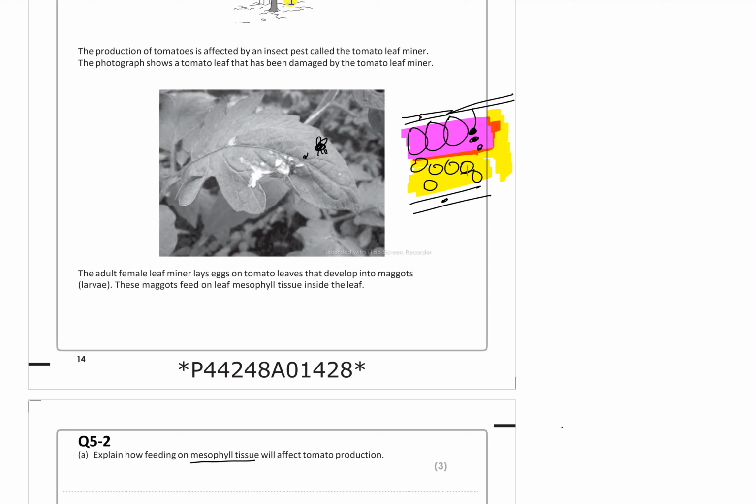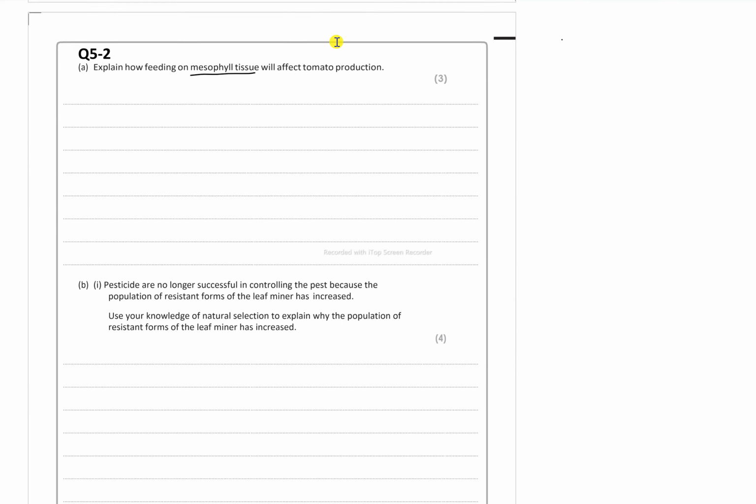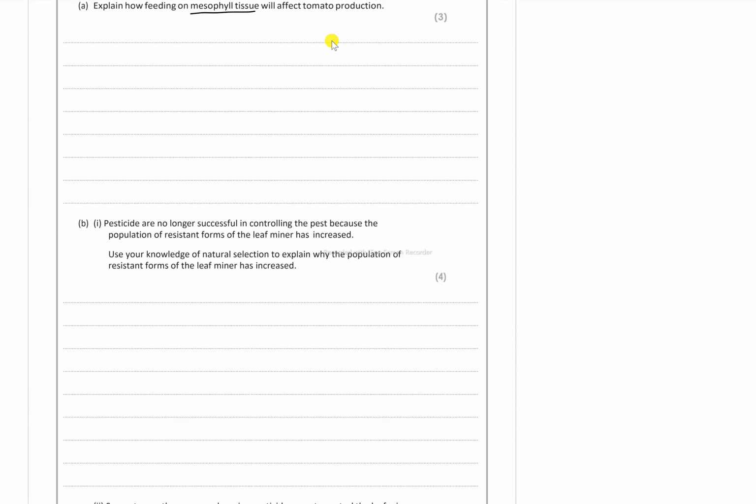So if these guys, when they hatch, start feeding here, what's going to happen? The question is how will it affect tomato production. Say, look, the yield is how much crop you get.